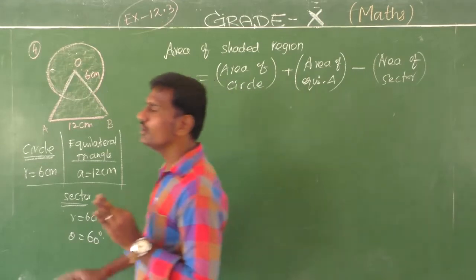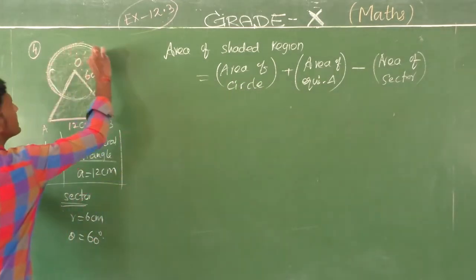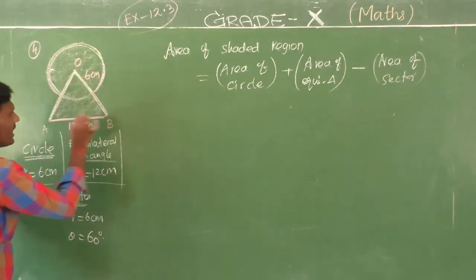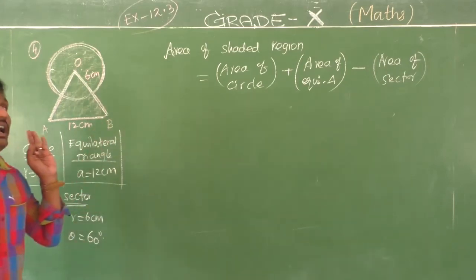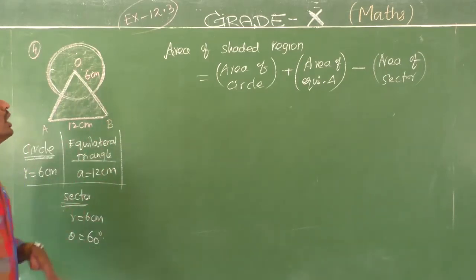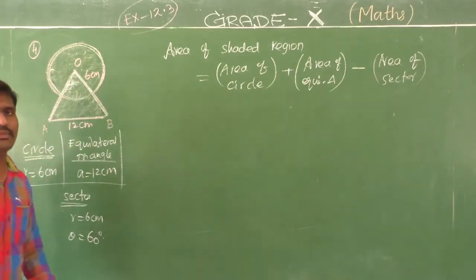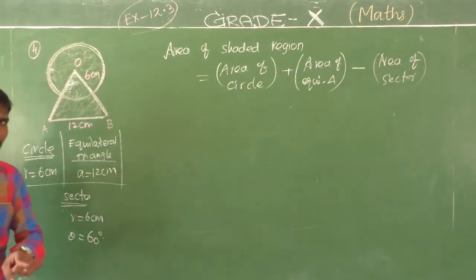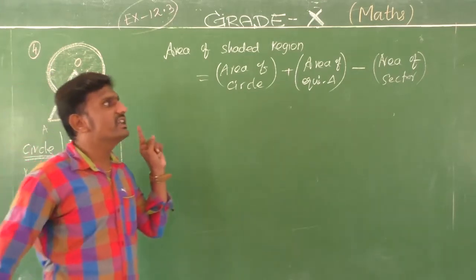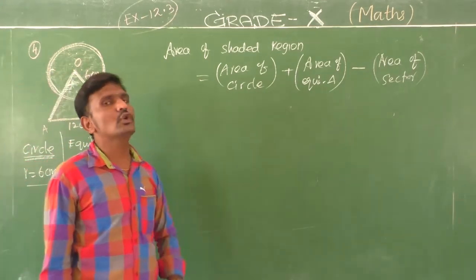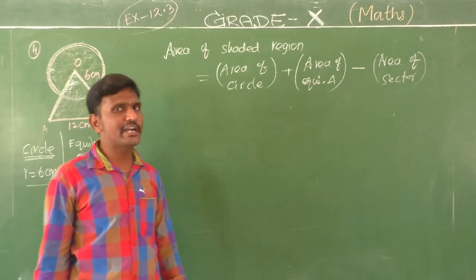See, this is a circle and this is the equilateral triangle. In both the circle and the triangle, you have this sector in common. That's why we are going to subtract the area of the sector from the sum of the two.